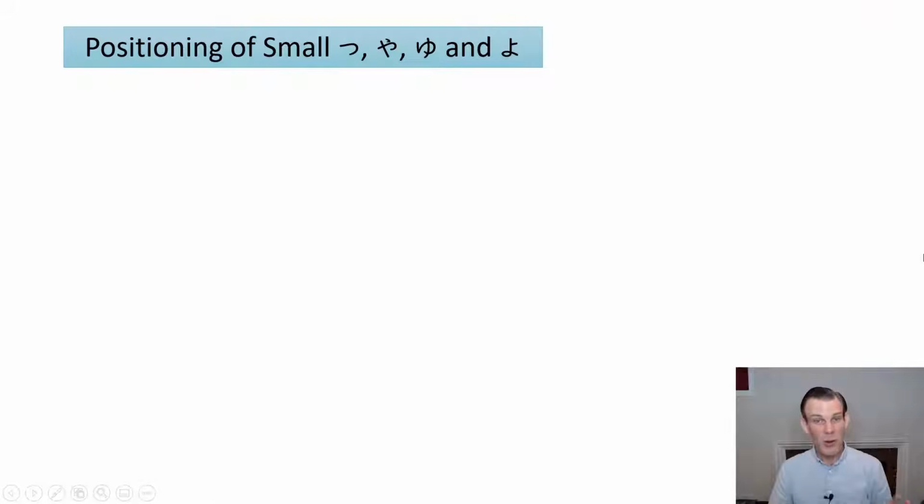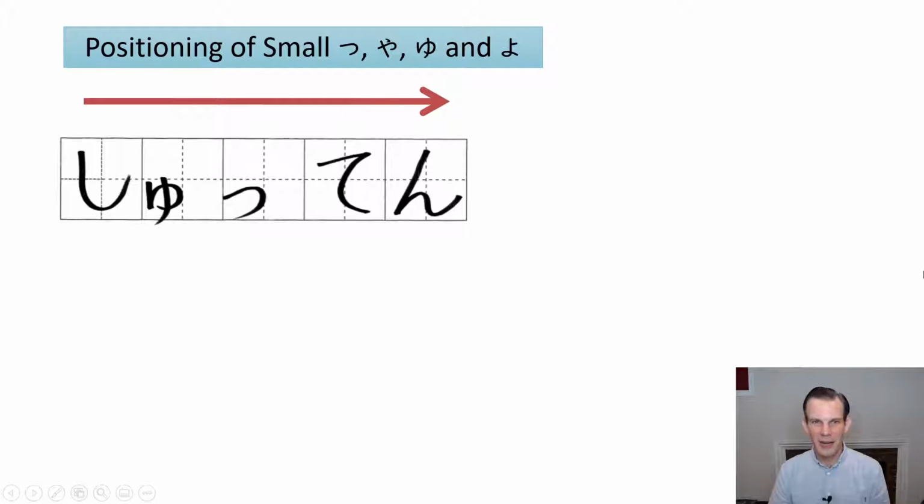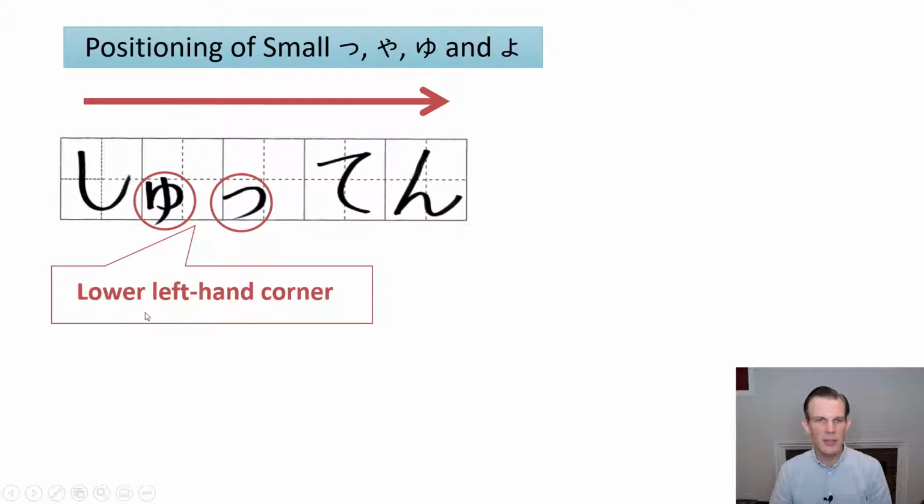Okay, one final note. We've seen the small ya, yu, and yo, and then there's also the small tsu that appears in double consonants. Just a brief note on how these are written. When we write horizontally, you can write either vertically or horizontally in Japanese, but when we write horizontally, we want these small characters to be in the lower left-hand corner of the box.